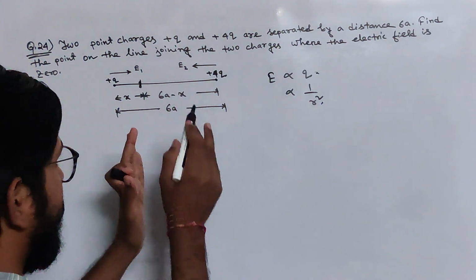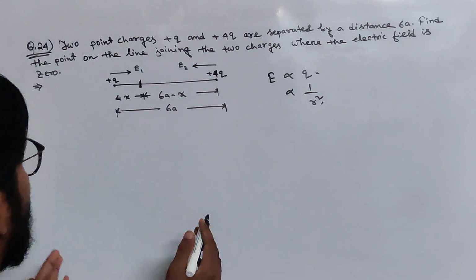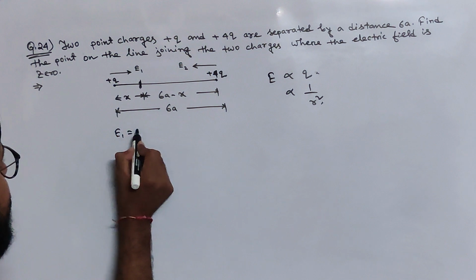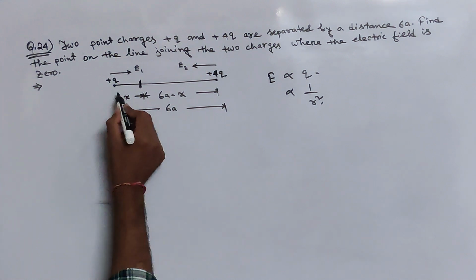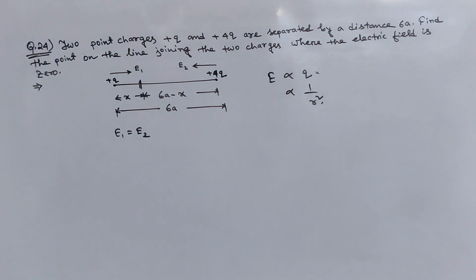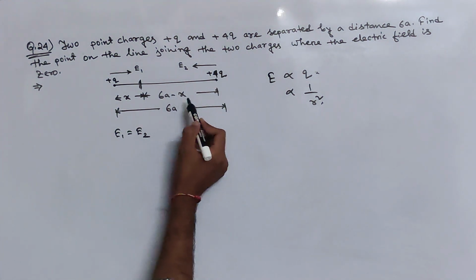So the point will be far away from the plus 4q charge and near to the plus q charge, and at that position E1 and E2 will be equal. Let's say the distance of this point from the plus q charge is x, and from this point the distance is 6a minus x.